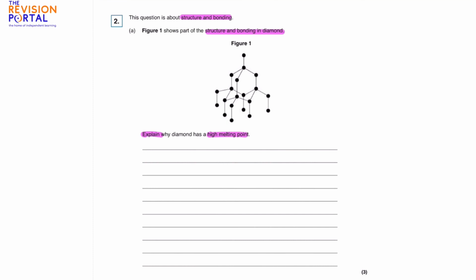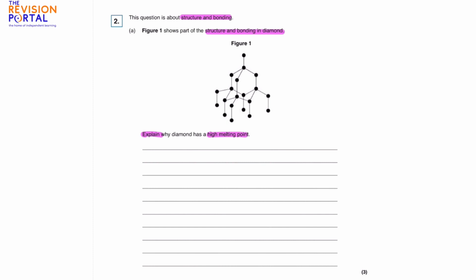Okay, so diamond is one of the giant structures you need to know about for your exam. The others include graphite and silicon dioxide, and what they all have in common is this high melting point because of their strong covalent bonds that require a lot of energy to overcome. So we're just going to write down these 3 points I just said in bullet points so it's super clear.